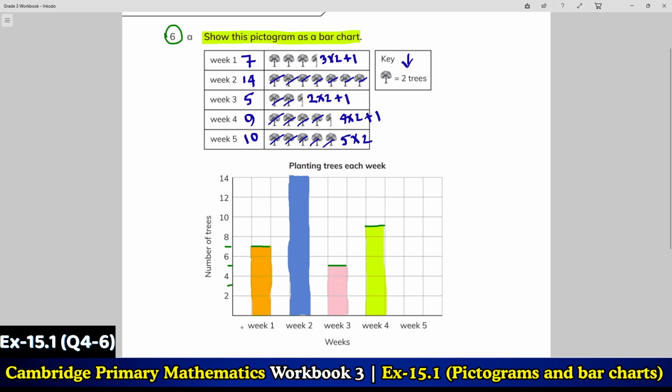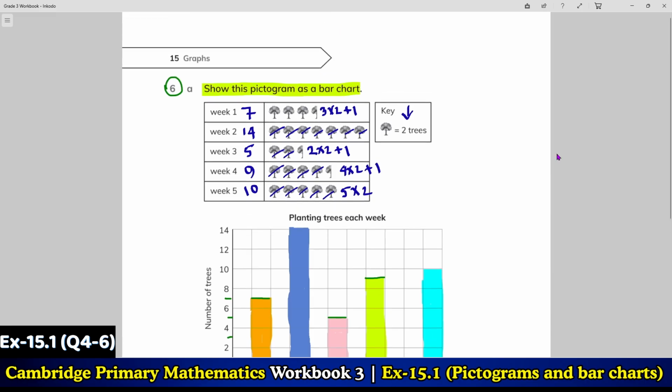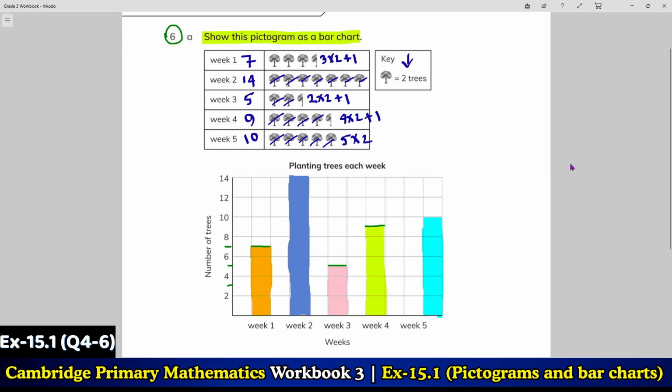Just mark, make shadow. And week 5, it's 10. Where is 10? This is a 10. So up to here. Okay. So slowly I'm trying to solve this one. If you want, you can forward the video and finish. So this is our pictogram of trees chart, right?